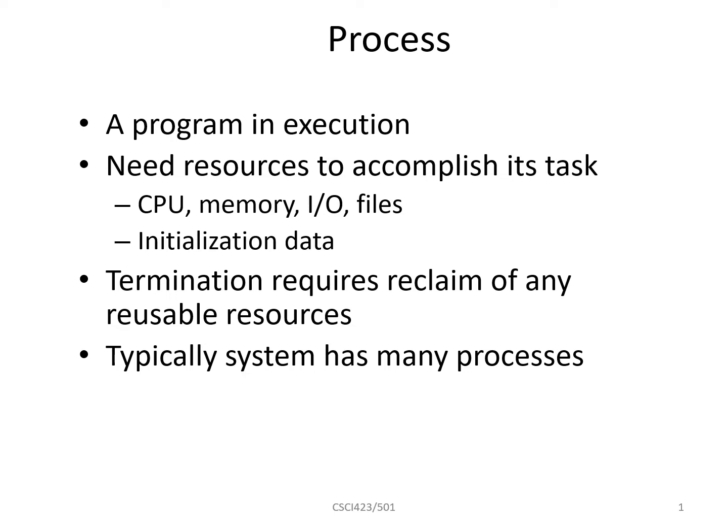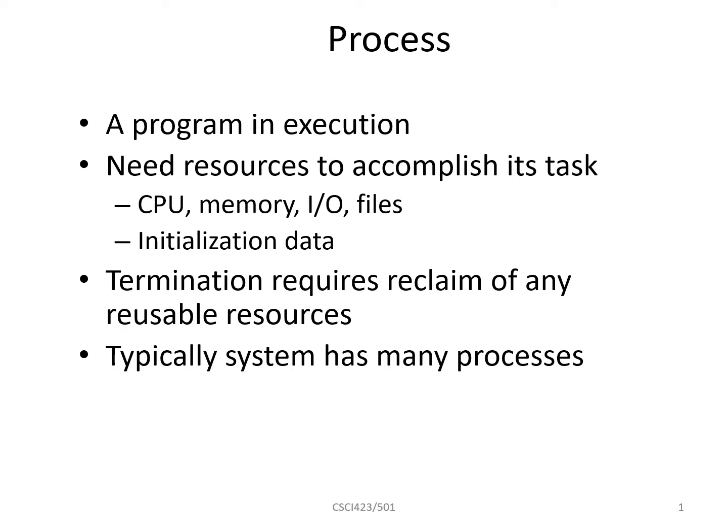For the process to run inside the computer, it needs different kinds of resources so that it can eventually be executed and accomplish its task. Examples of the resources it needs include the CPU. Surely it must run on the CPU to make progress.